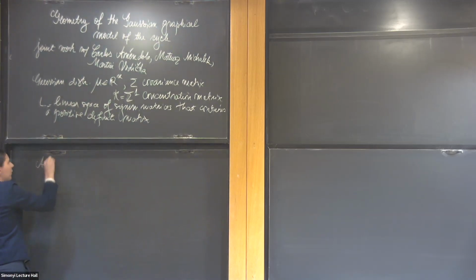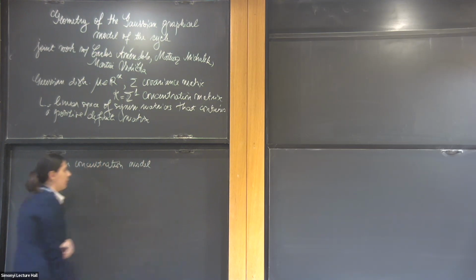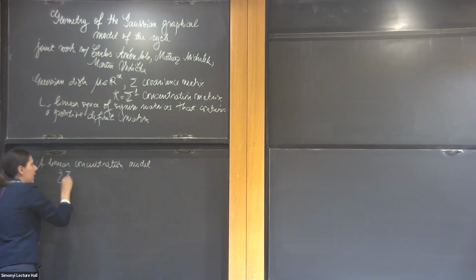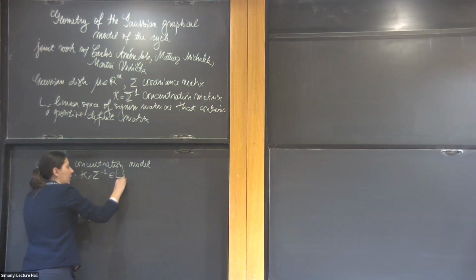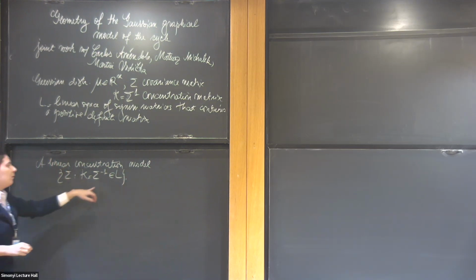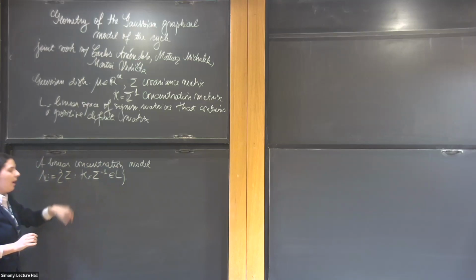A linear concentration model will be given by the covariance matrices sigma such that the corresponding concentration matrices are in our space L. And let me denote this by lambda L. Okay, so formally we still require that both sigma and K are positive definite.